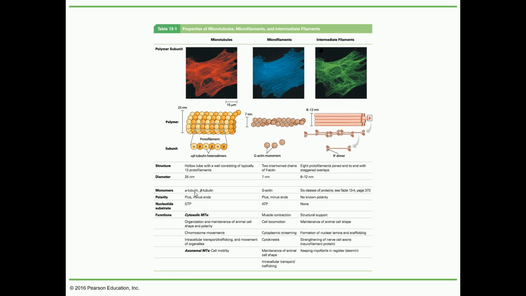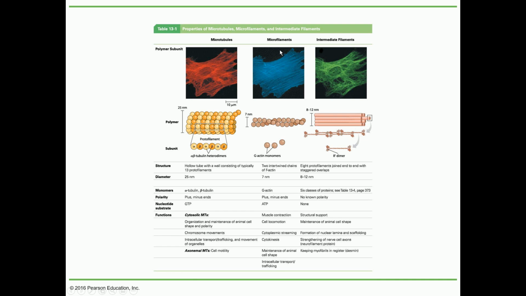And there are two kinds of microtubules: cytosolic microtubules and axonal microtubules. Axonal microtubules are involved in cell motility, and cytosolic microtubules are involved in chromosome movement during mitosis and meiosis, and also in the movement of organelles.